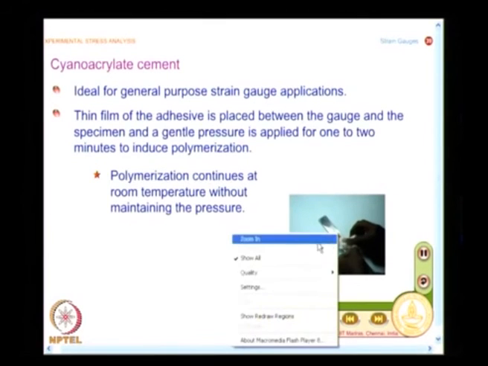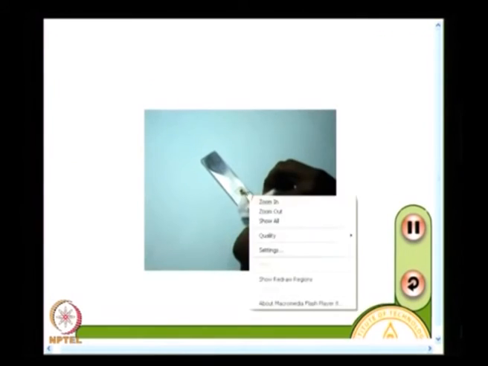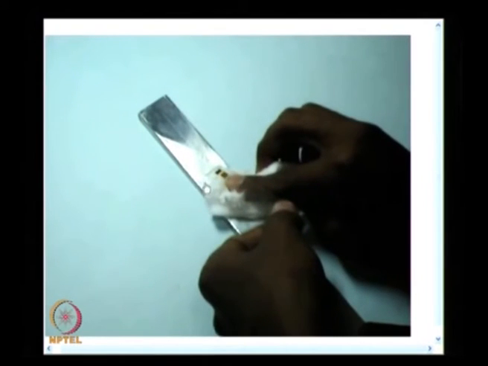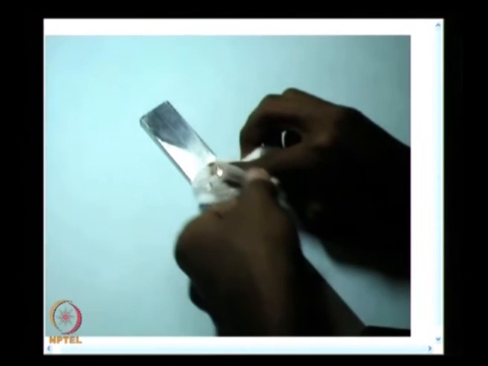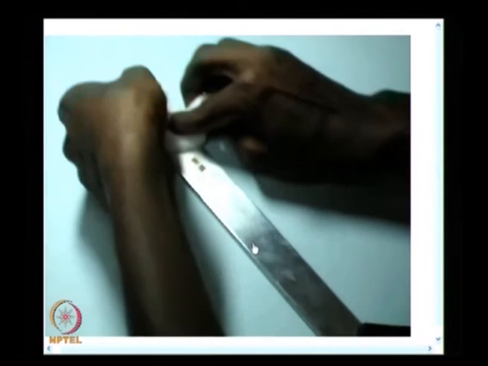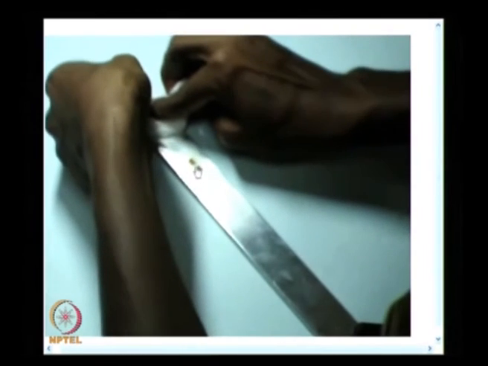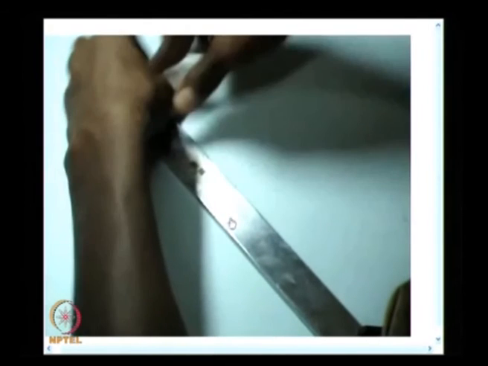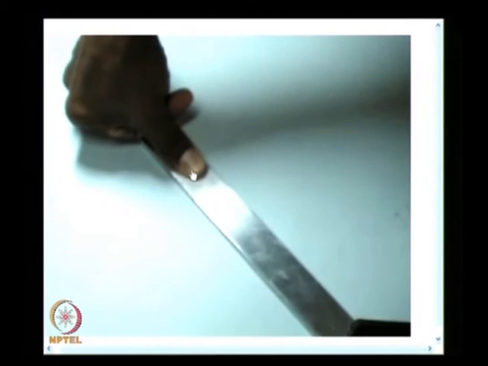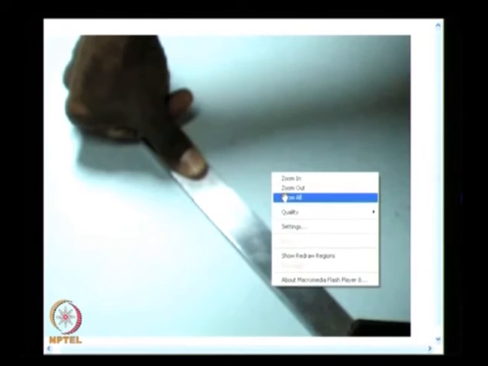and we will also have a look at this animation, and what you find here is you have a strain gauge on the cellophane tape, you have that M bond adhesive here, and you finally press it by a thumb and keep it for a minute or two, your curing is done, as simple as that.